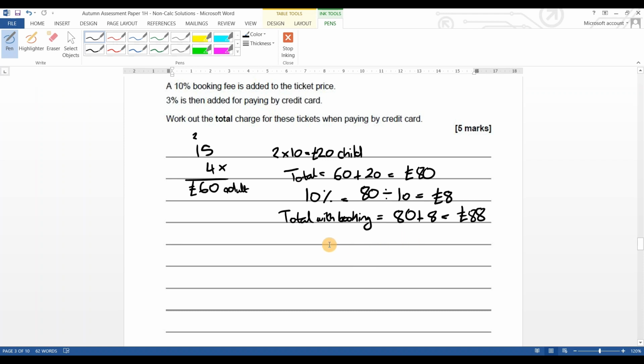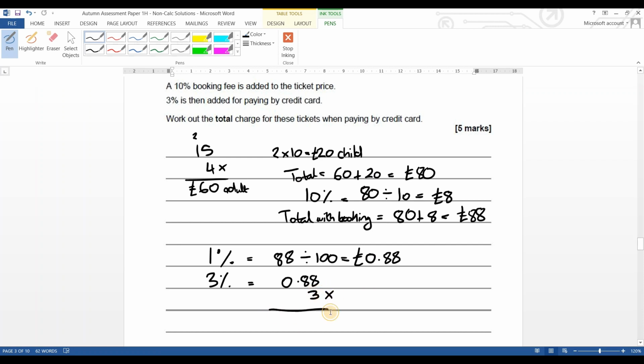Let's work out 1% first. So what's 1% going to be? 88 divided by 100, which is 0.88. So it's 88 pence, technically. So 3% would be 3 times that.